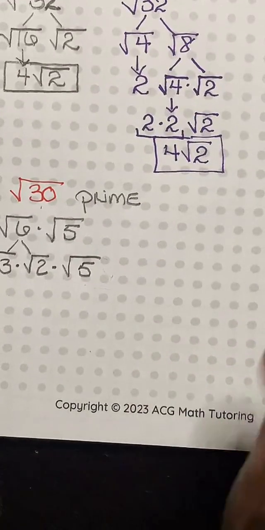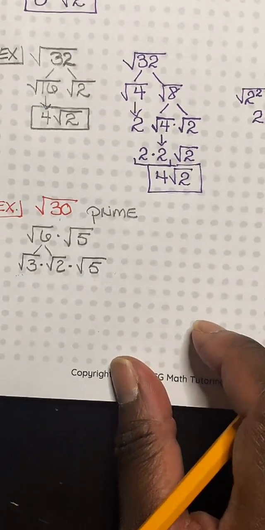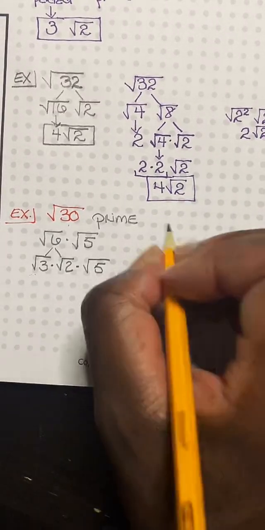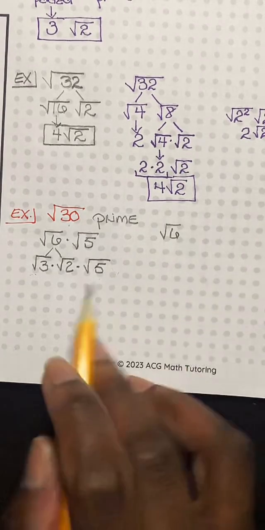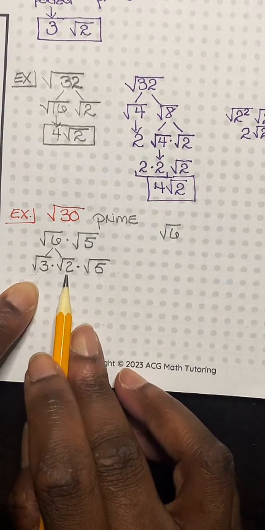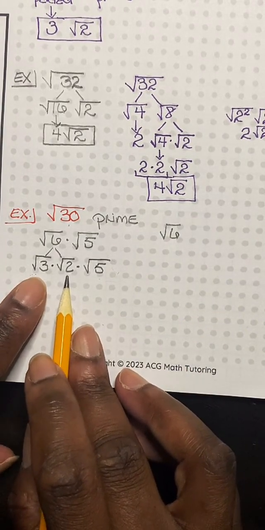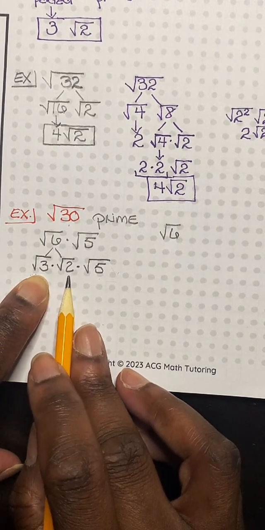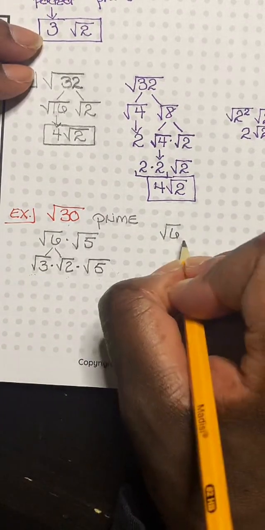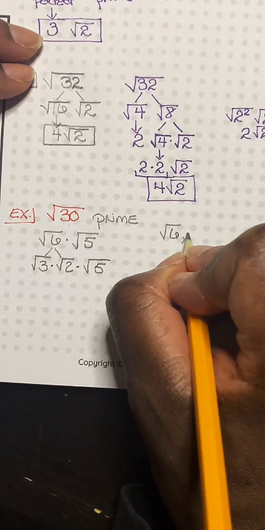Let me slide this over for a sec and unzoom just a major hair. So let's say the square root of 6. Because when we tried to break down the square root of 6, we got 2 prime numbers as a result. We had the square root of 3 and the square root of 2. So square root of 6 is one of those special radicals.